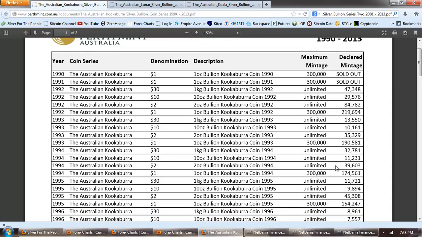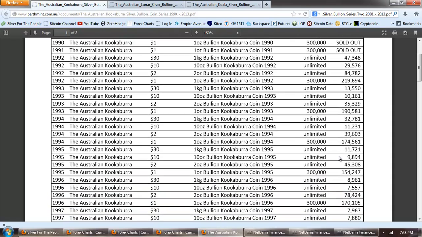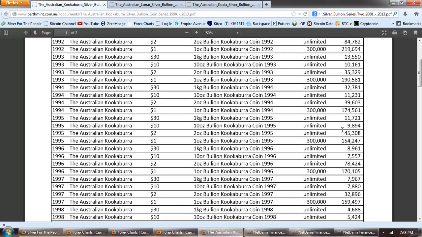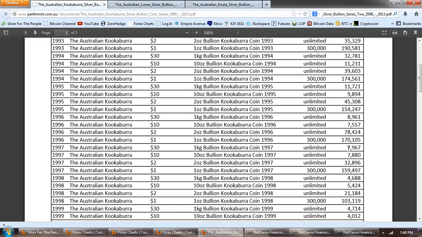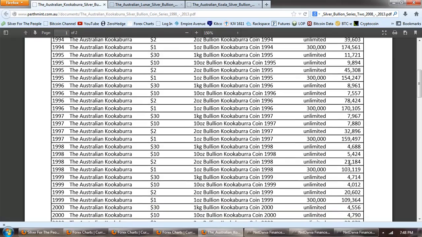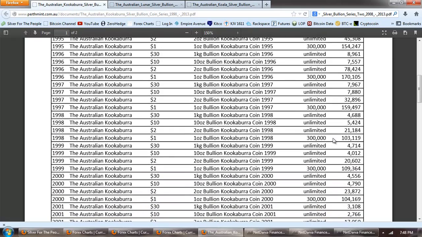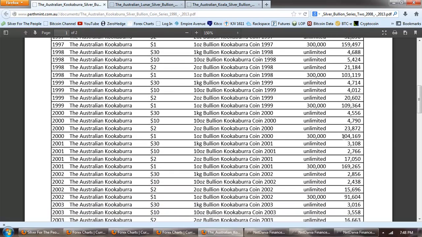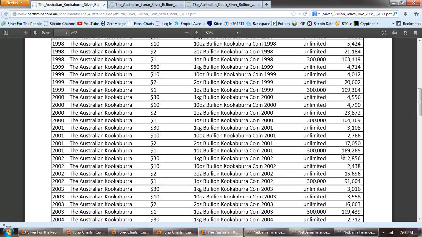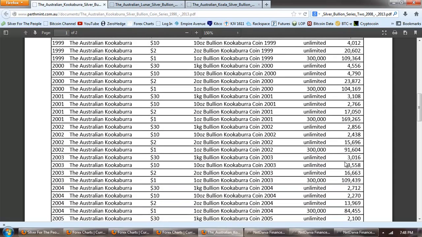You can see the 1993 was 190. It kept falling in 94 to 174. In 1995 it fell all the way to 154. Seemed to make a bottom. We did 170 in 1996, 159 in 1997, all the way down to 103 in 1998, 109 in 1999, 104 in 2000, 169 in 2001.